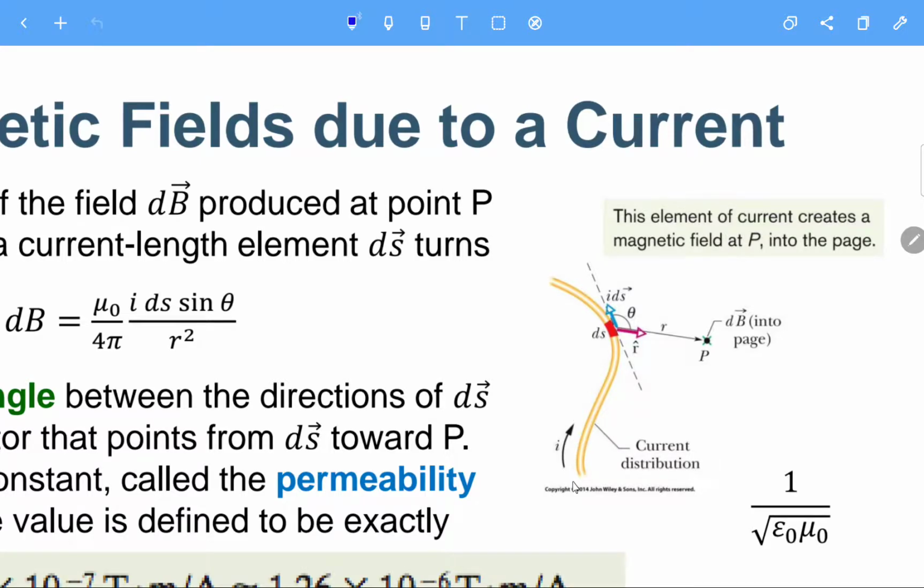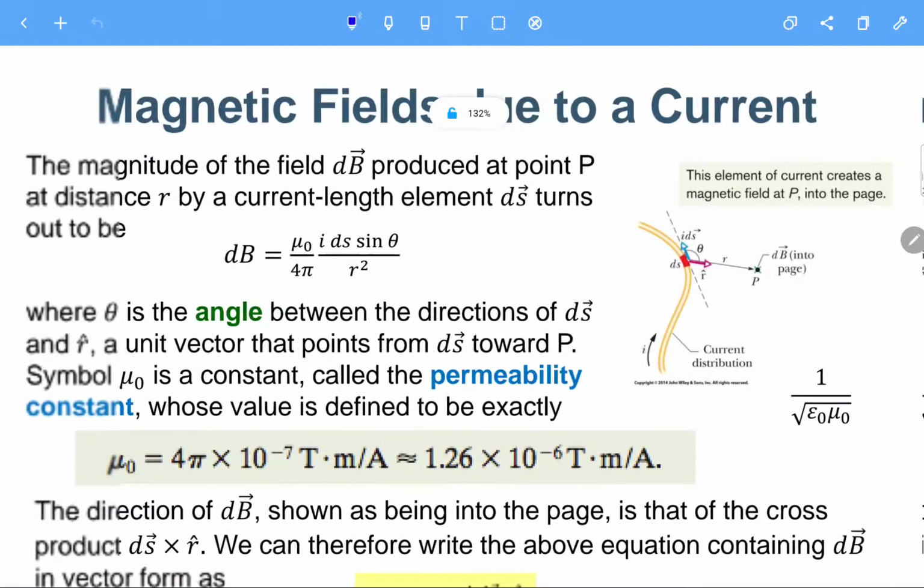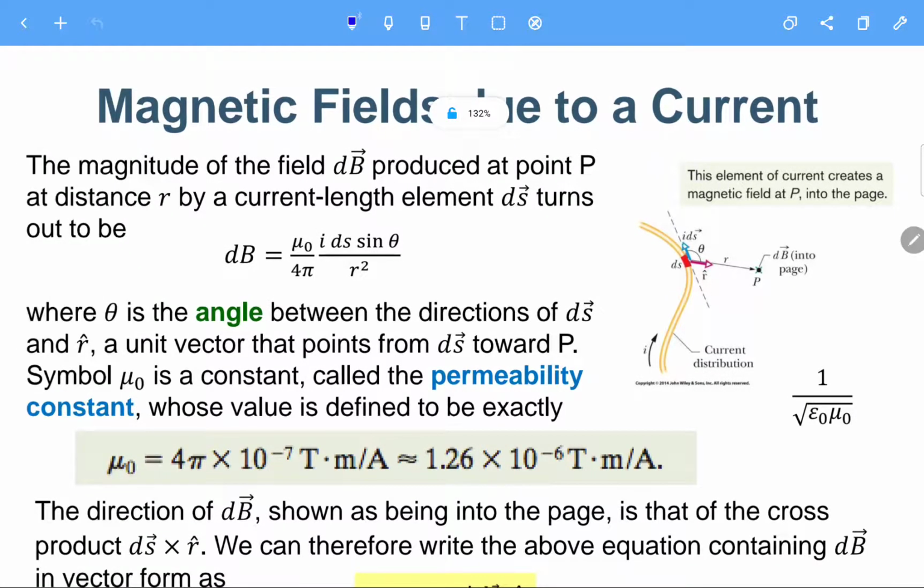So as long as the current is going from bottom to top, the ds at this point points to the top left direction. So as long as we have a curvy wire with current, then it will generate magnetic field in the whole space.